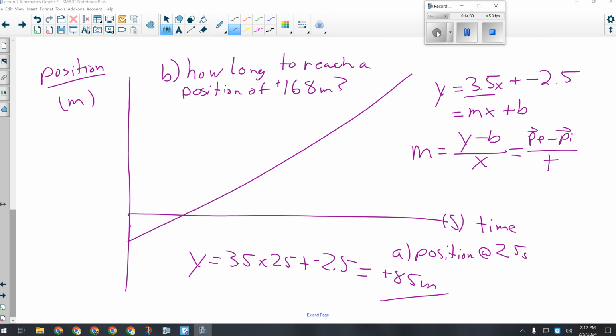So I've got to manipulate now to solve for X. X is going to equal Y minus B, divided by M. They gave me the Y value, positive 168.